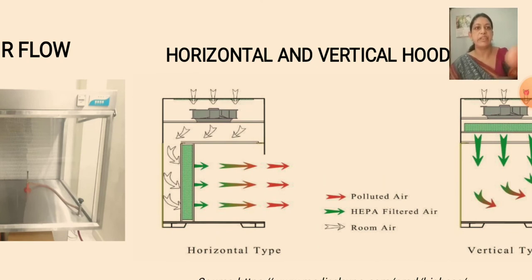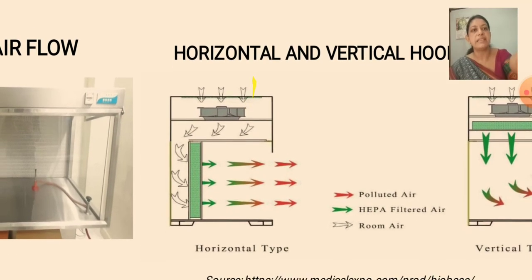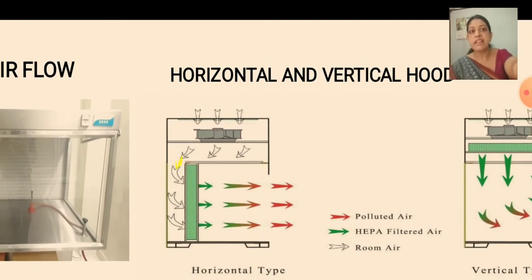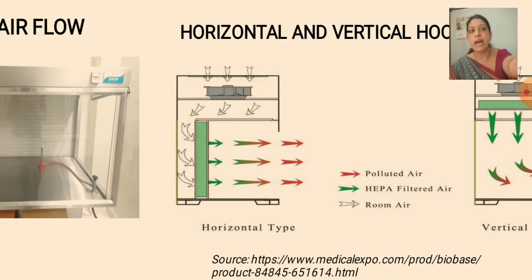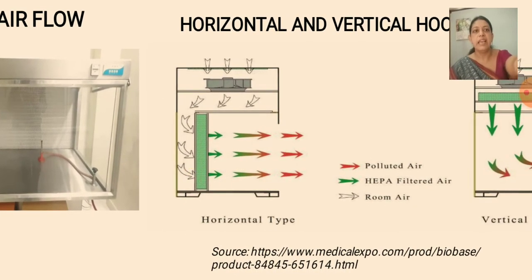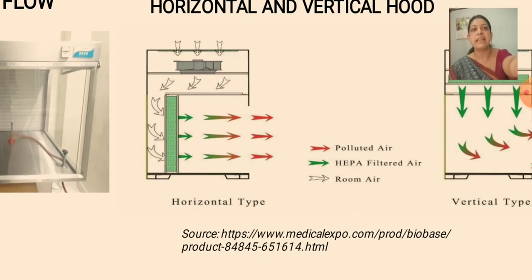What happens here? The air from the outside environment, in the room, enters the blower and comes over here. Then the air passes through the filter. There is only one way of passing. The green arrows show the filtered air. After it crosses the laminar hood where the workstation is, it becomes red.